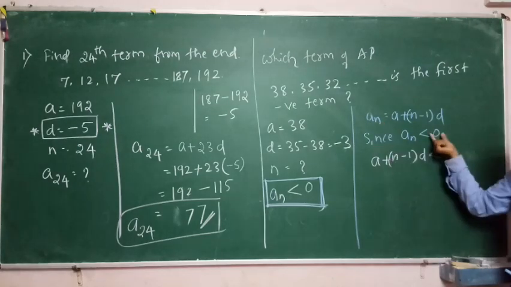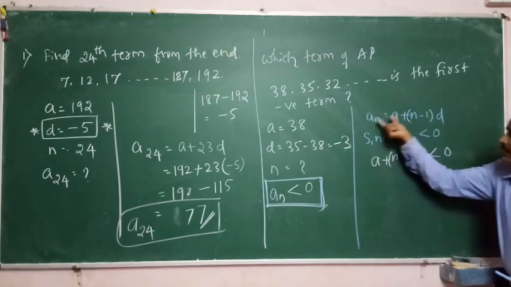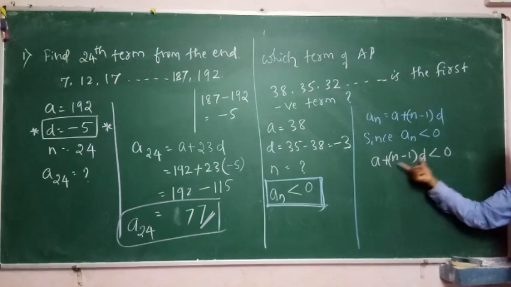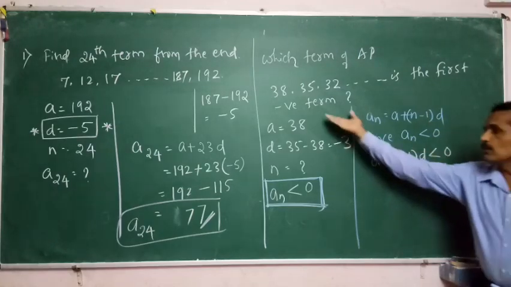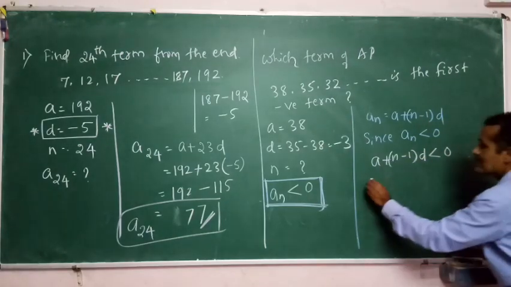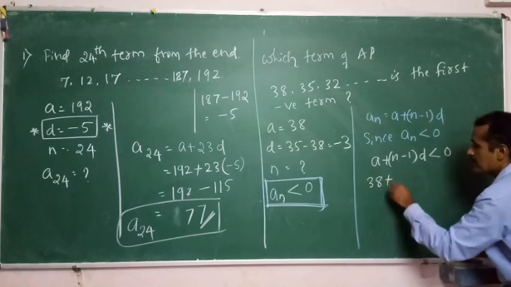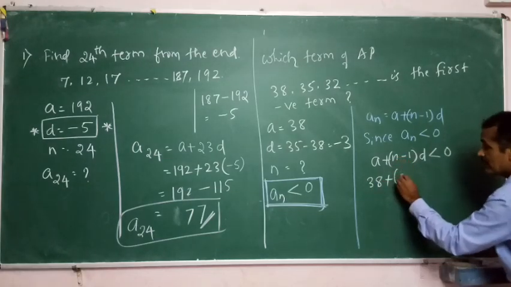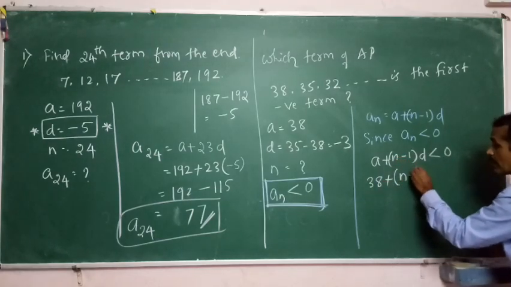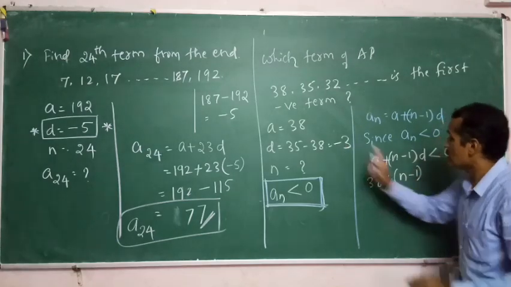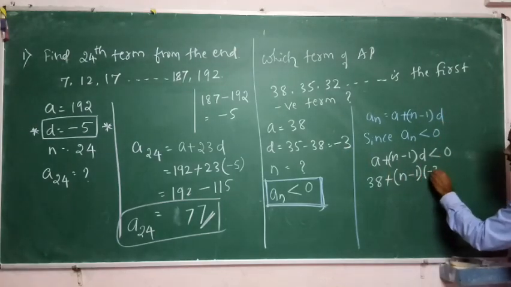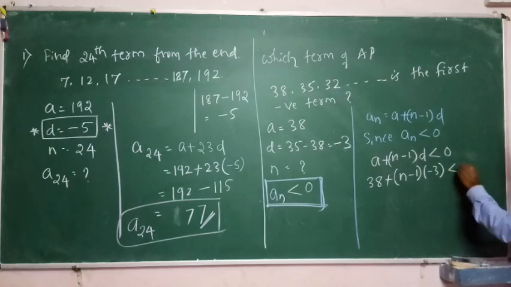When AN is less than 0, these two are equal. When this is less than 0, then this also must be less than 0. Now we can substitute the values. A is equal to 38, plus N we don't know, minus 1 into D. D is equal to minus 3, less than 0.